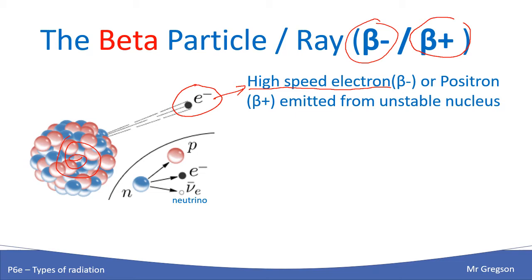The reason why we have negative and positive charged electrons is because of this bit down here. And this is what's actually happening. A neutron, which was still inside the nucleus, it never leaves, can become a proton.